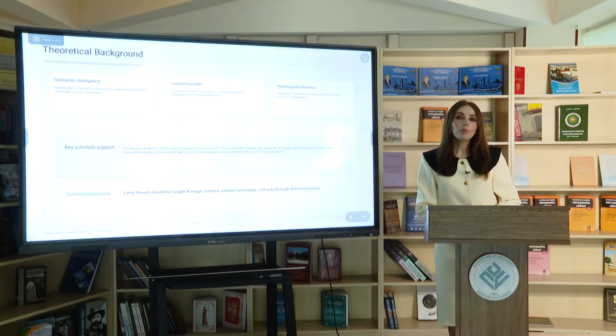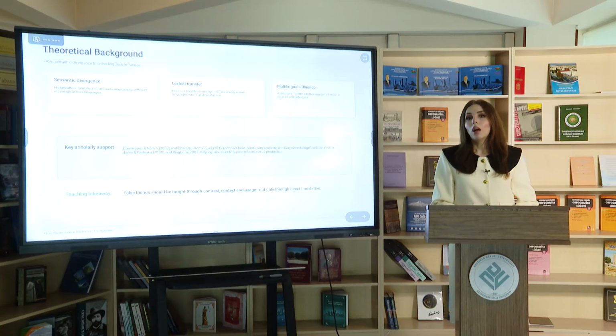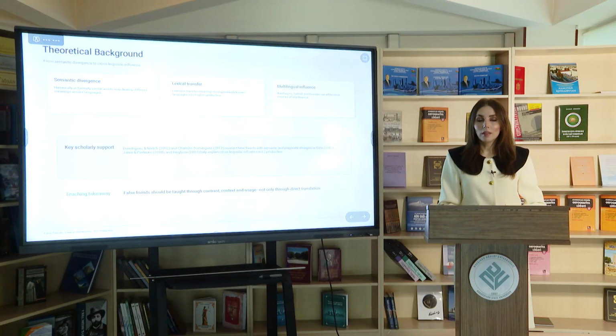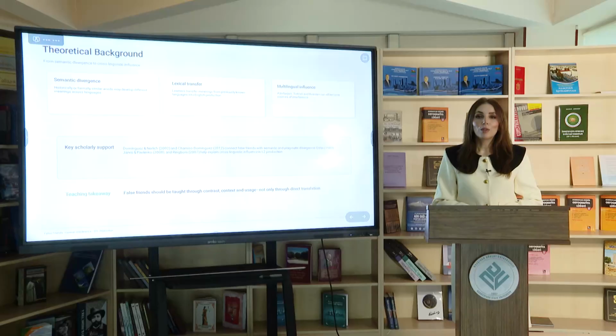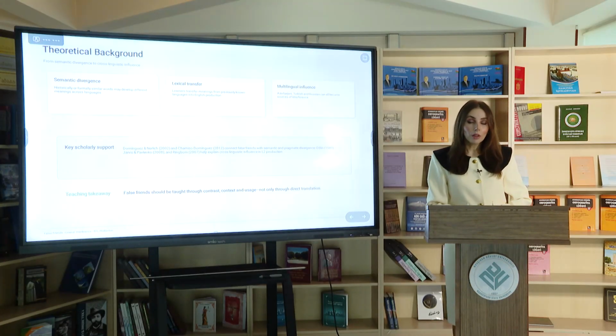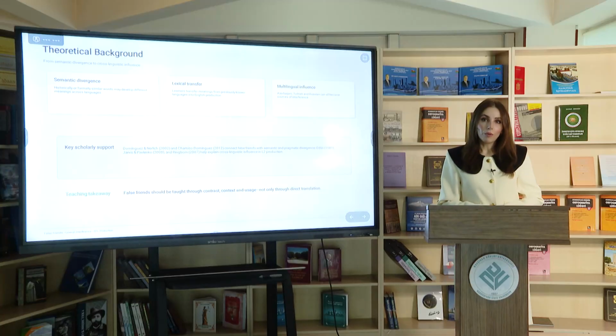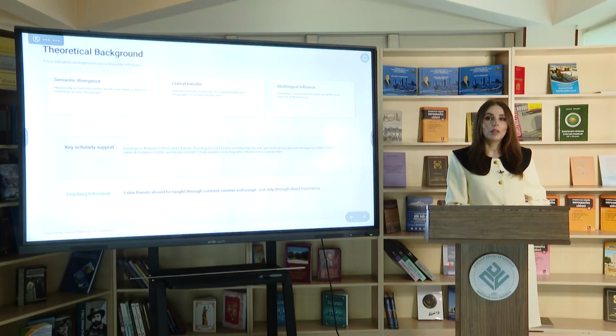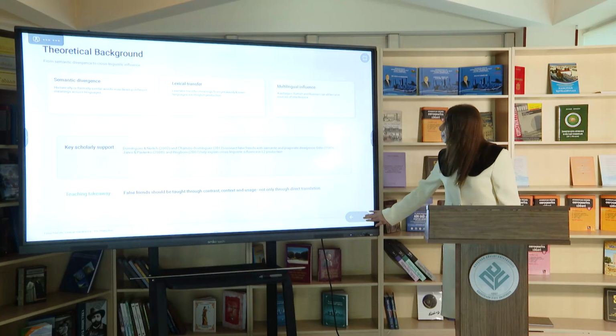So learners may say, "I bought shoes from a magazine." But the word magazine is not a good choice for this context, because in English it is impossible to buy shoes from a magazine. This shows that false friend errors come from different language sources, not only from the native language that learners know.